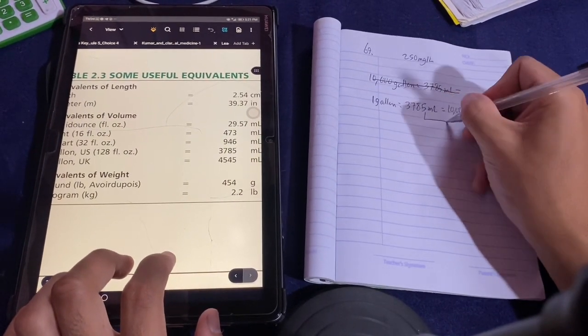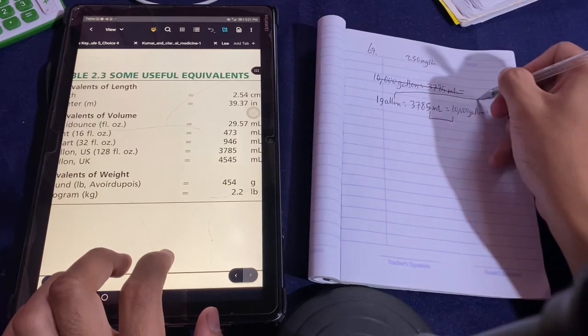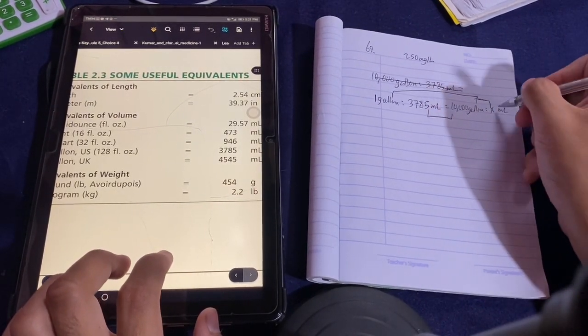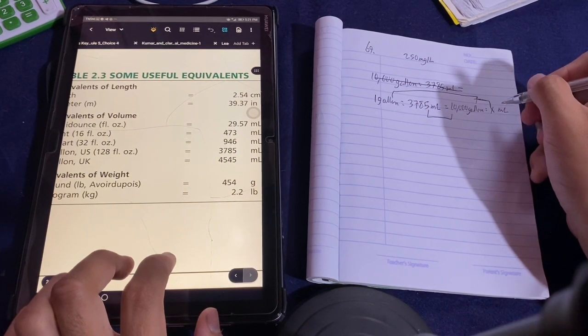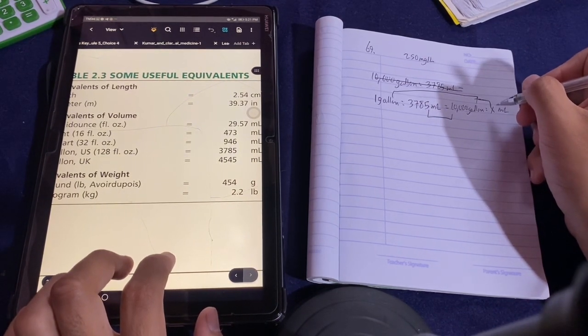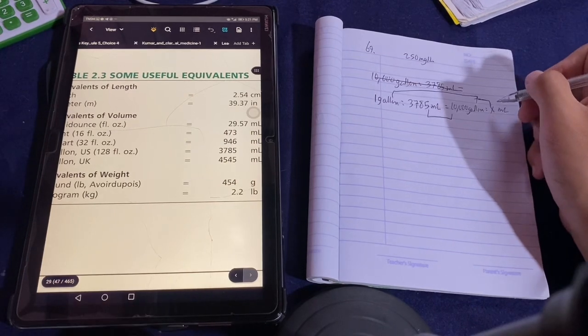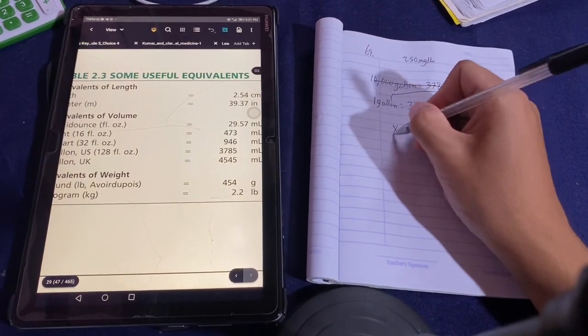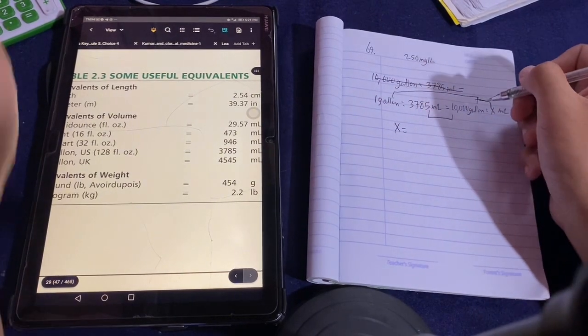So ang mangyayari is ratio and proportion. So ang X is equal to how much, guys?